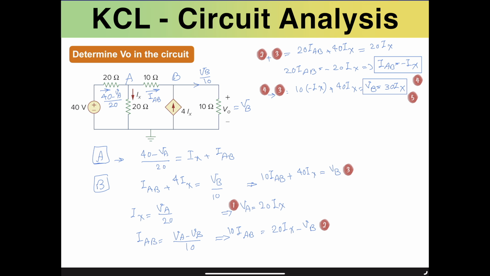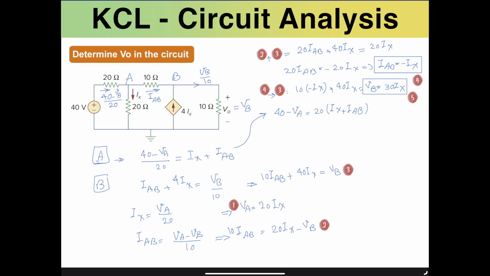So we are redefining this equation as follows: 40, I'm going to multiply both sides by 20 to have a better appearance. So 40 minus VA equals 20 times Ix plus IAB.